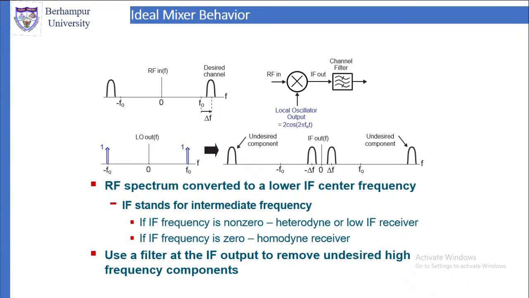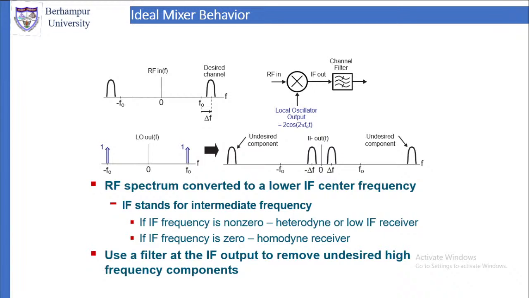Then there is the undesired component, which is F0 plus delta F. Now using the low pass channel filter, we can remove the undesired component and the low frequency will pass, therefore this delta F will pass to the channel.